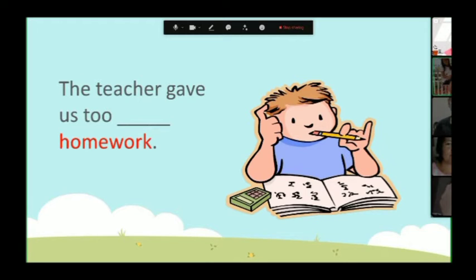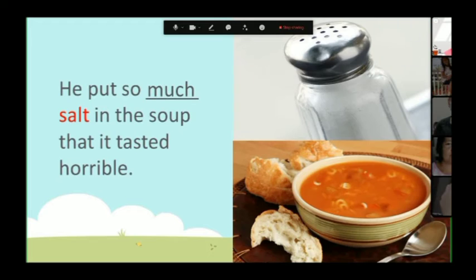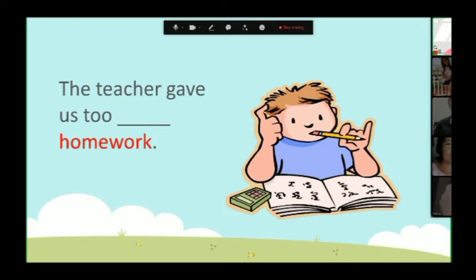The teacher gave you too much homework. Okay, let's study this one. Homework. Can we count homework? We can count, but we are not sure. If we can count, there should be an S here, homeworks.